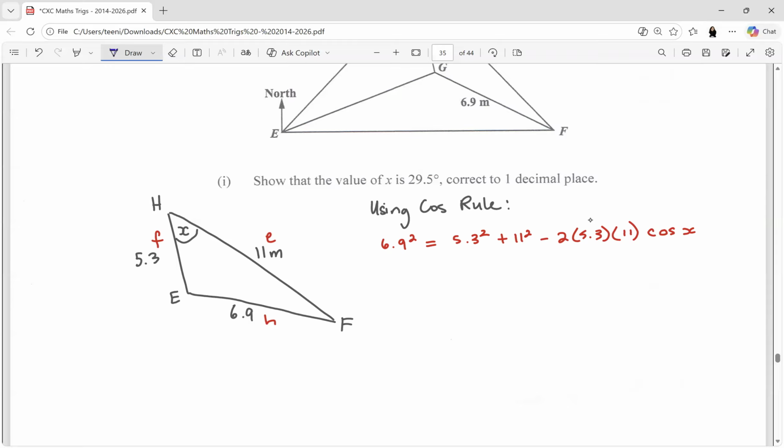All right, so let's go. 6.9 squared on your calculator is 47.61. So you're going to write that in.